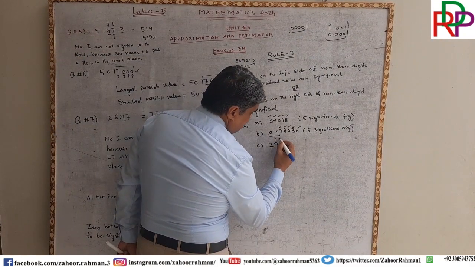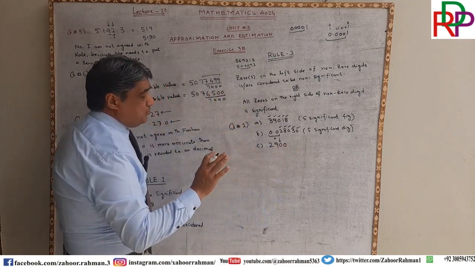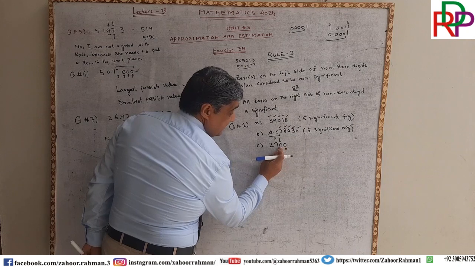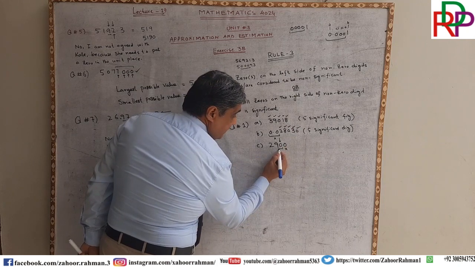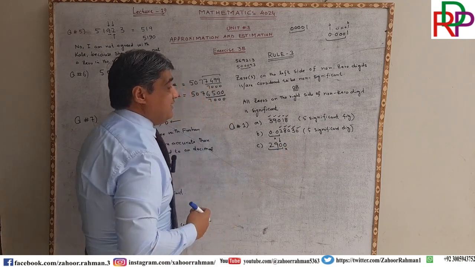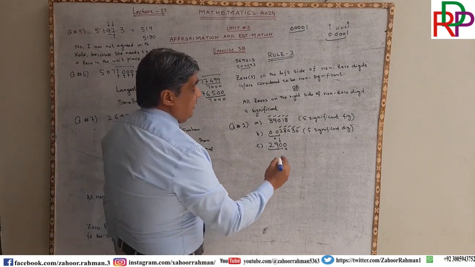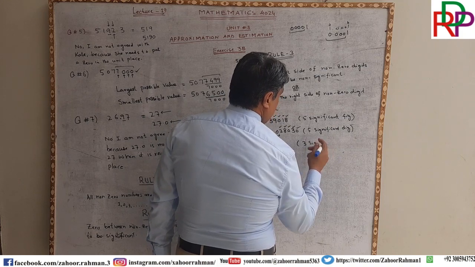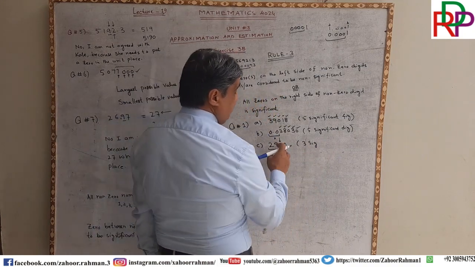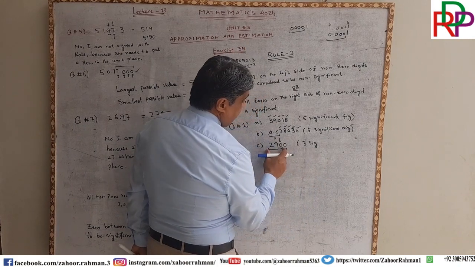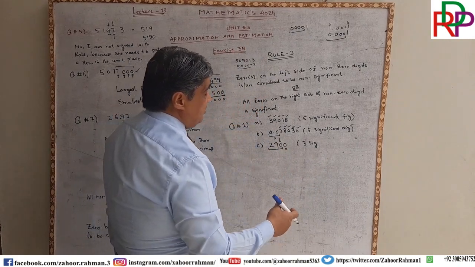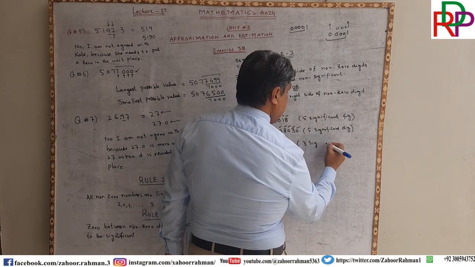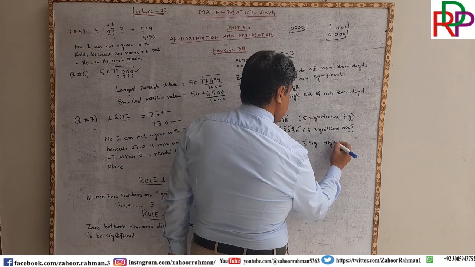We are only considering these numbers to the tens, so we are not considering this. This is the unit and this is the tens. So how many significant digits are there inside this? There are 3 significant digits. If it was to the nearest unit, then there would be 4 significant. But we only have to consider up to the tens. So then there are 3 significant digits inside this.